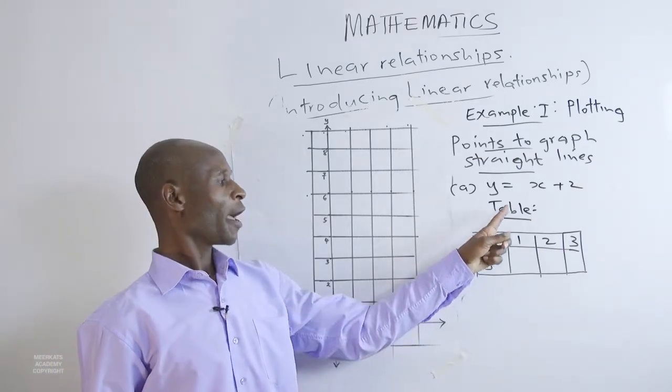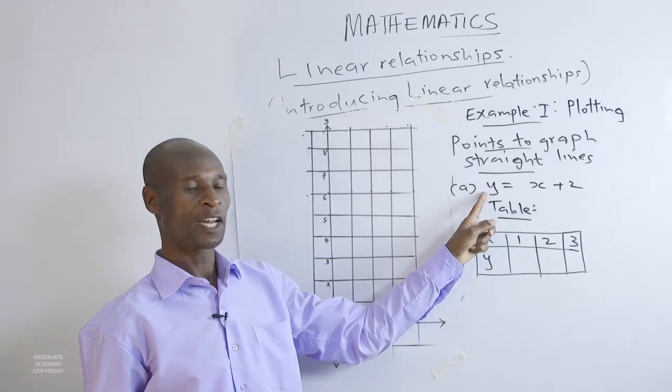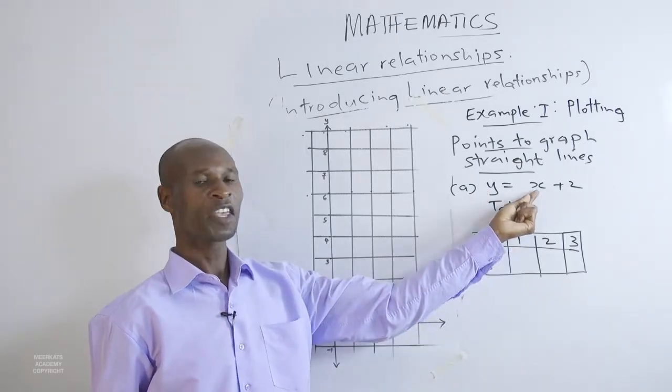Now, when the x value is 1, we can be able to get the corresponding y value by substituting in the equation.